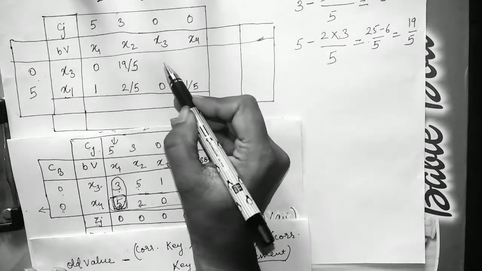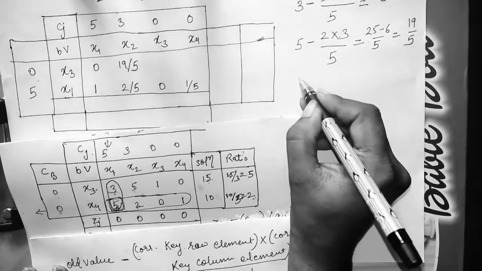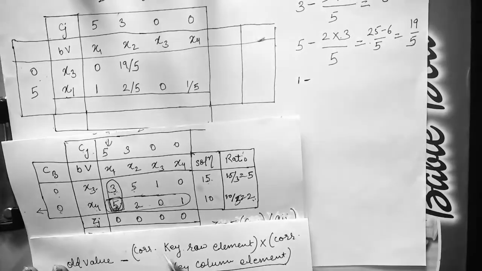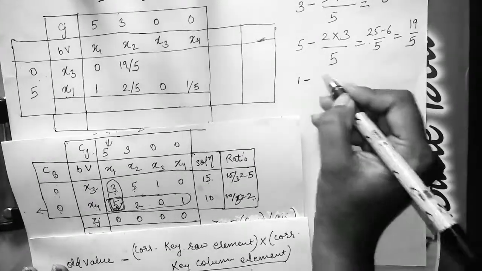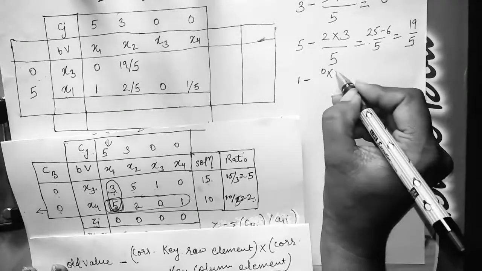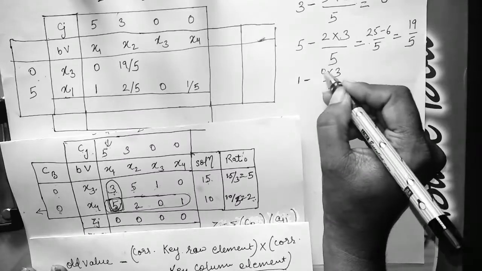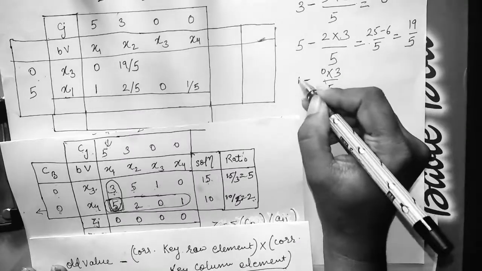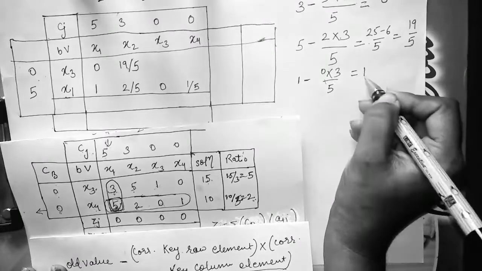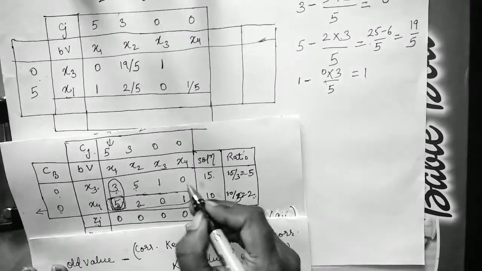Come to this, here old value is 1 minus corresponding key row element 0, corresponding key column element 3 upon 5. As this is multiplying with 0, the whole term will be 0. 1 minus 0 is equals to 1. This is 1.